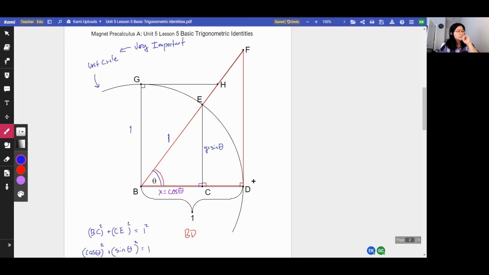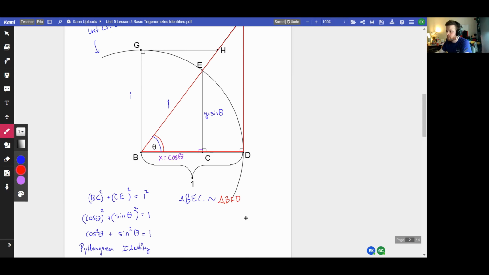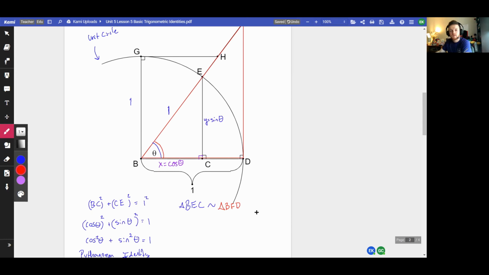So what does that make the triangles BEC and BFD? They're similar, aren't they? Right? Yeah. Triangle BEC is similar to triangle BFD. What mathematical property do we get as a result of similar triangles? We know that the ratio of their sides is the same.